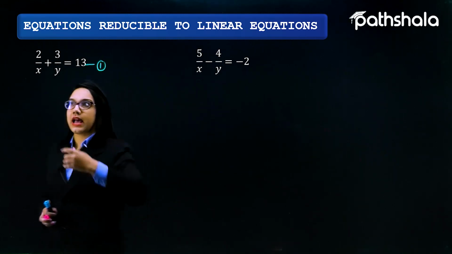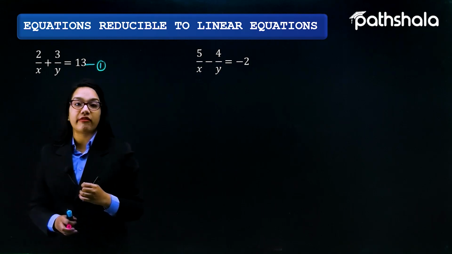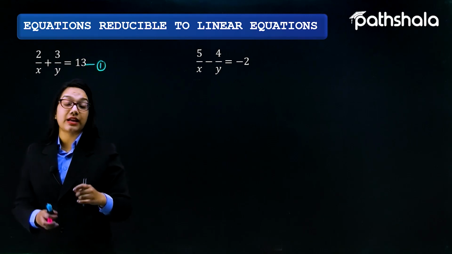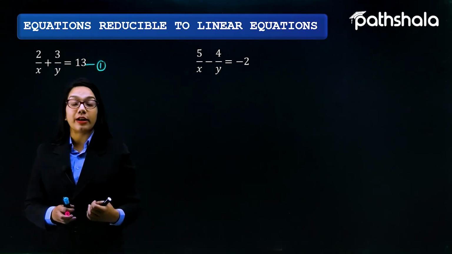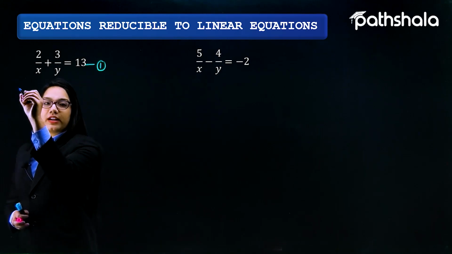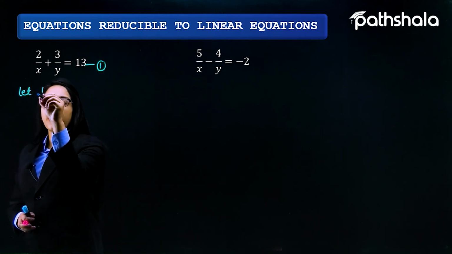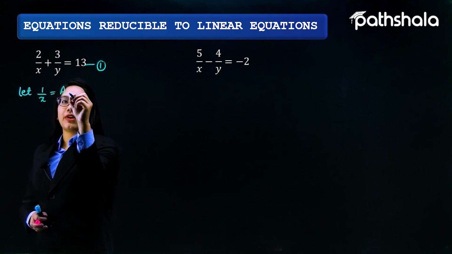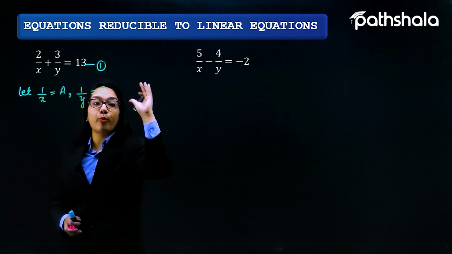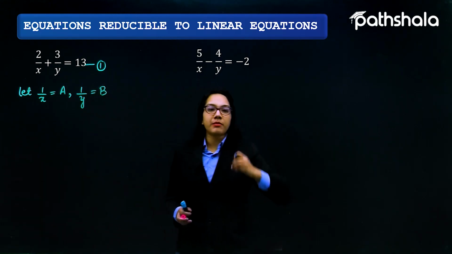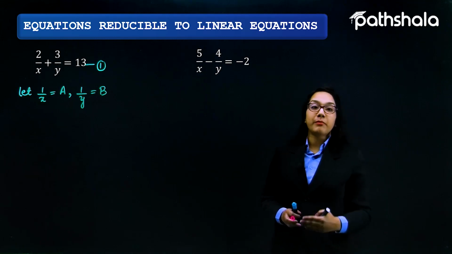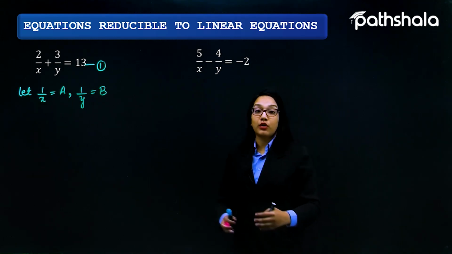As we have 1 by x here and 1 by y here, we will substitute 1 by x as capital A and 1 by y as capital B. For both of these equations, I am assuming that 1 by x is capital A and 1 by y is capital B.